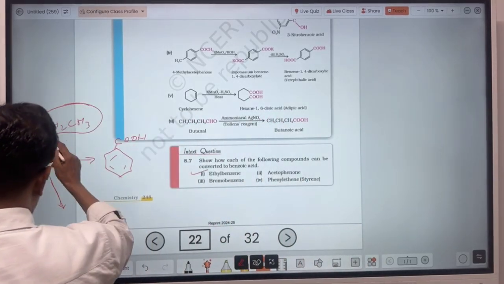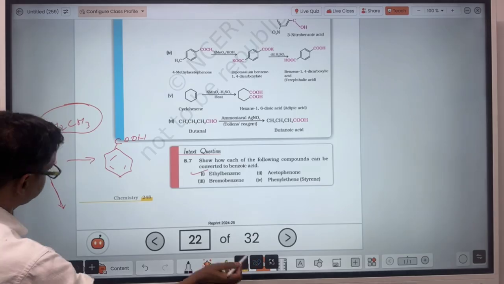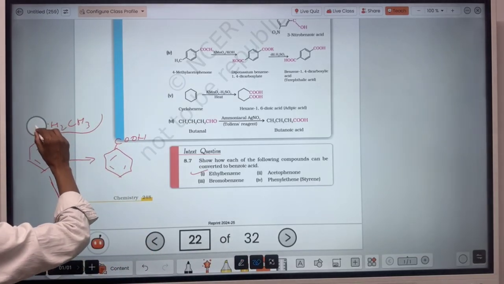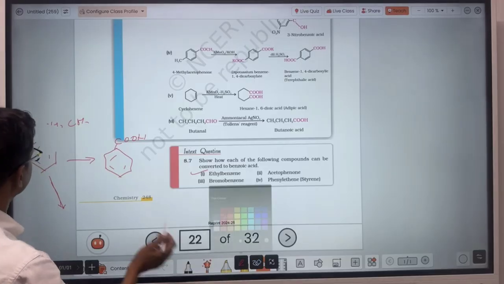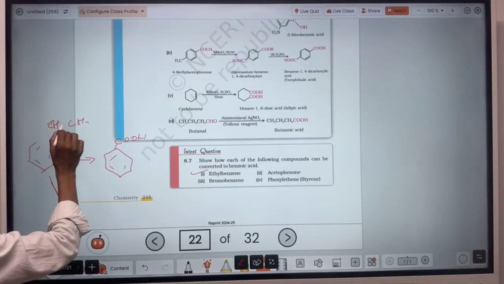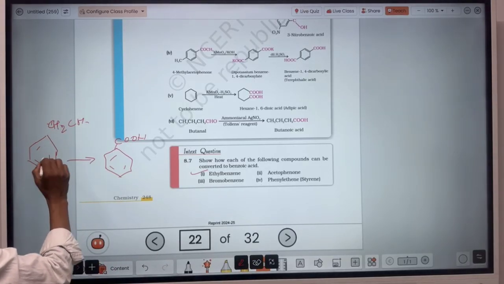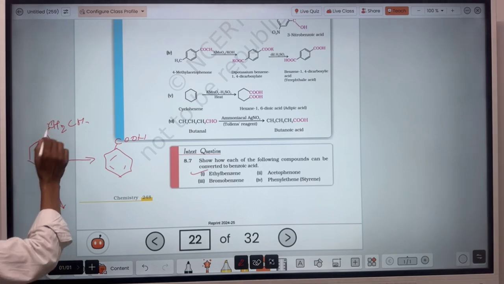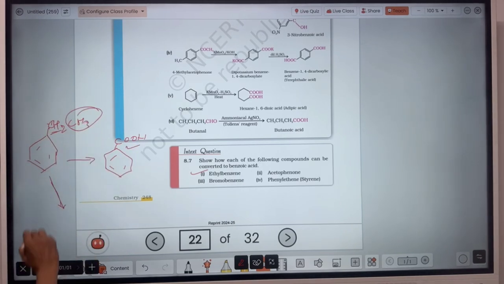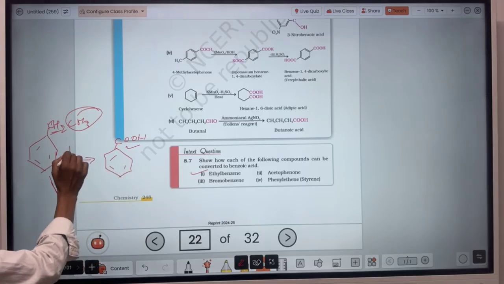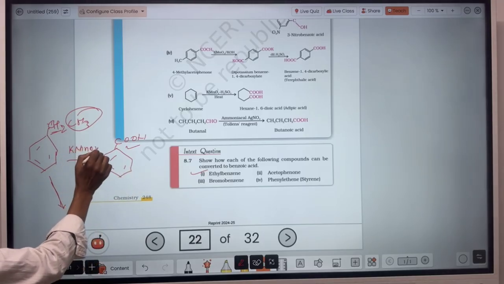So this CH2 will convert into COOH, when you take alkaline KMnO4.